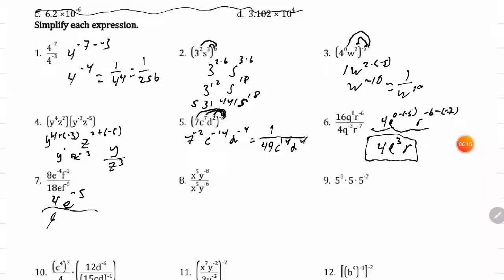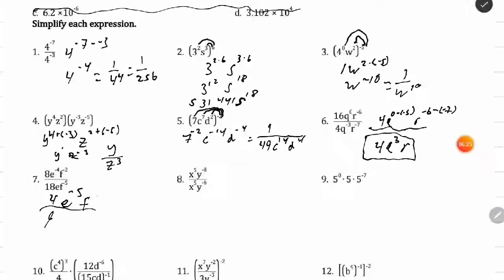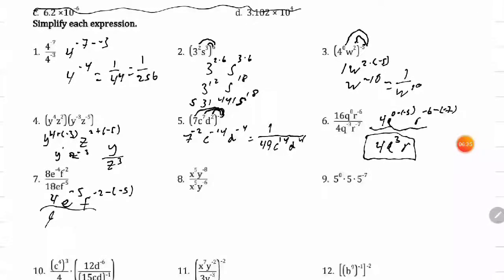F to the negative second minus, wait, is that a negative 5 there? Okay, I'm going to assume that is f to the negative second minus negative 5. So I'm going to clean this up again a little bit. So I have 4. E is going to go down and become a positive exponent. And then negative 2 plus 5 is f to the third power.